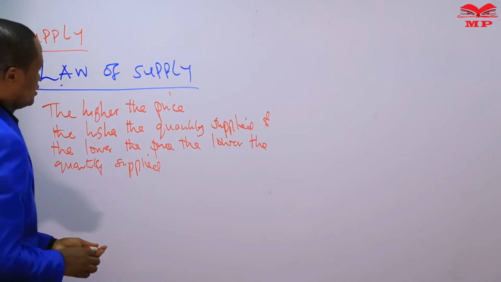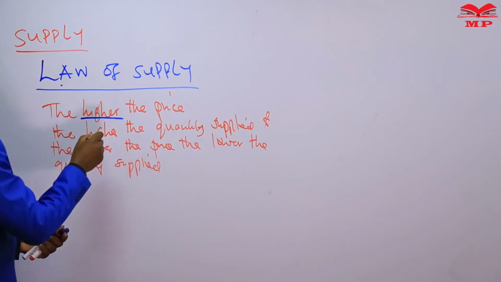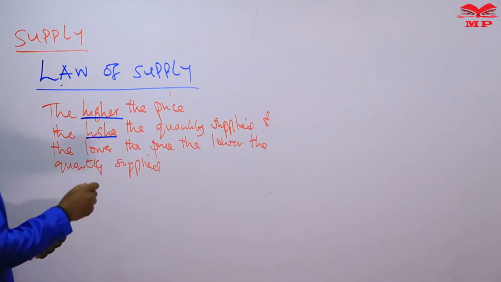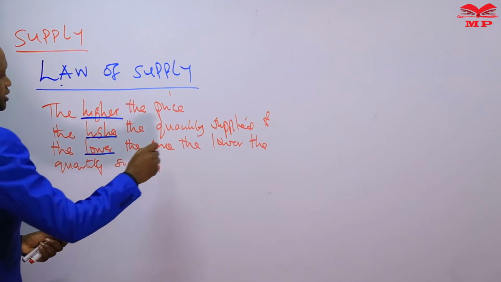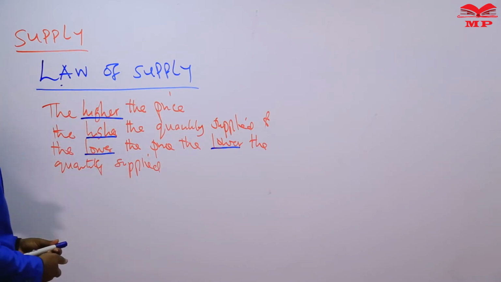Okay? The higher the price, the higher the quantity. The lower the price, the lower the quantity of the commodity that will be supplied in the market. And we gave reasons why that can happen.